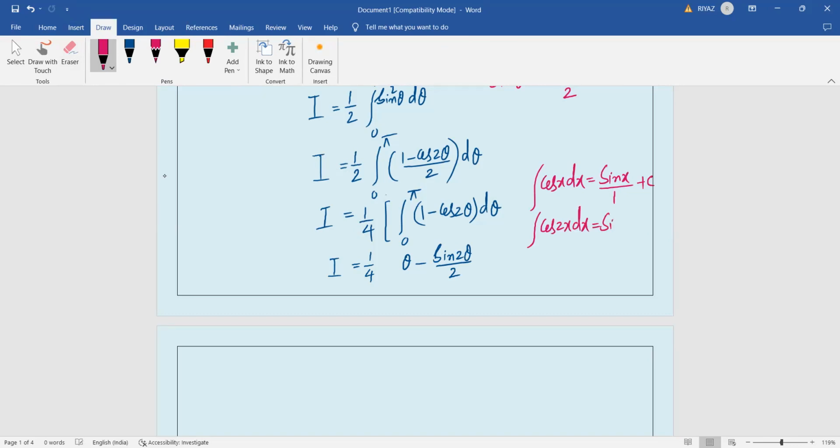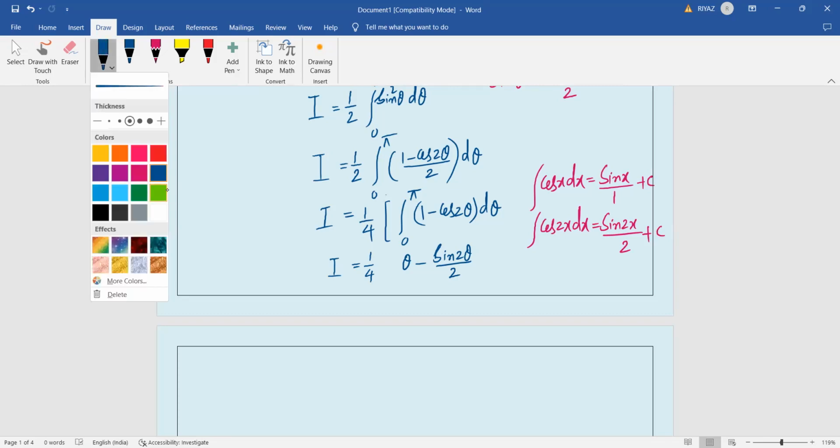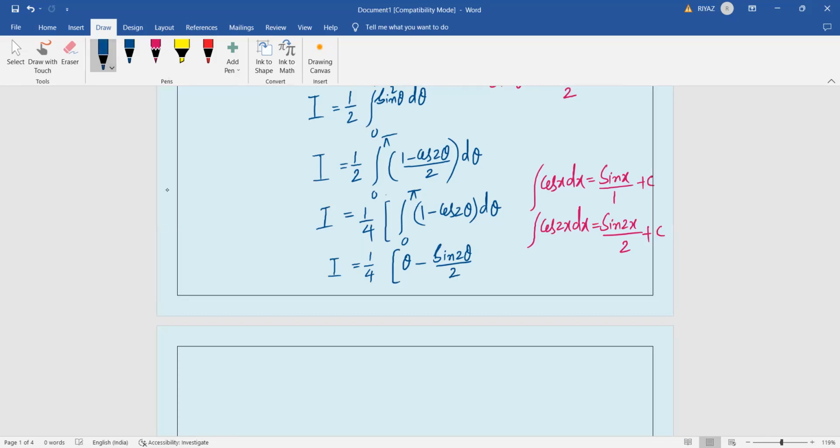Sine 2x by 2, since the x coefficient is 2, plus C. Here we are integrating with respect to theta, so we have to write the theta coefficient, that is 2. So the limits are 0 to pi.